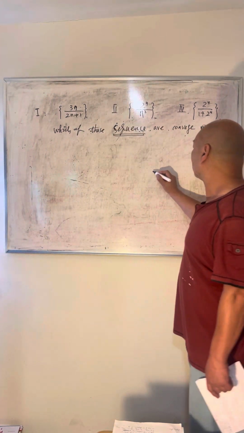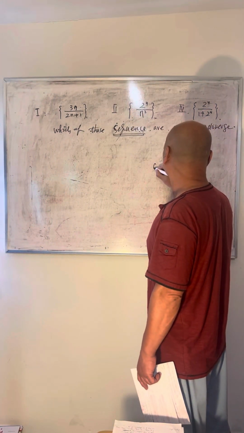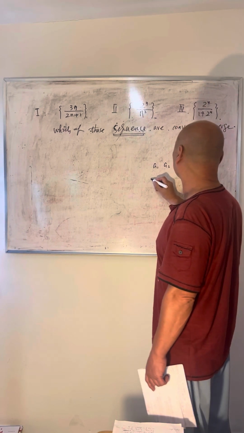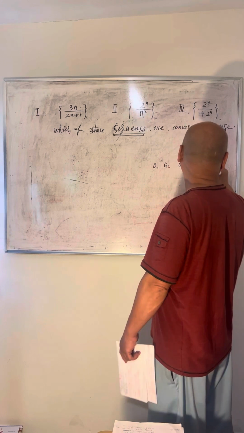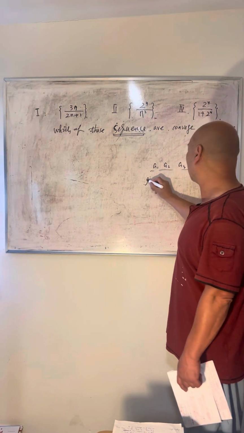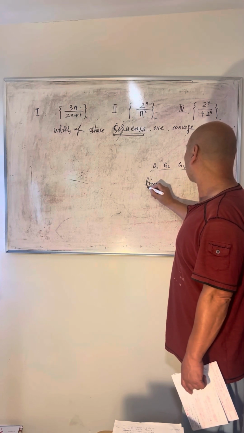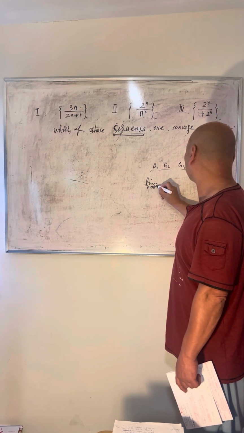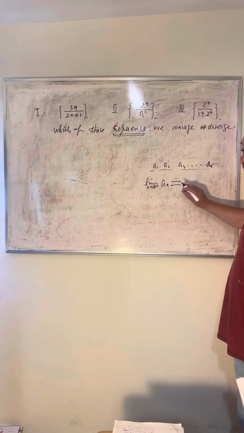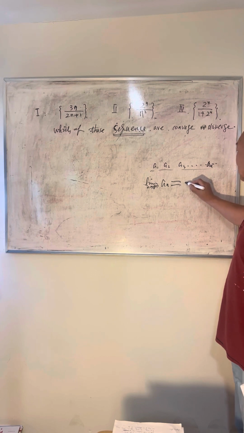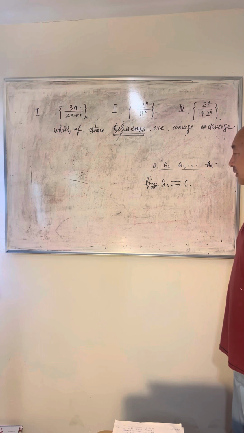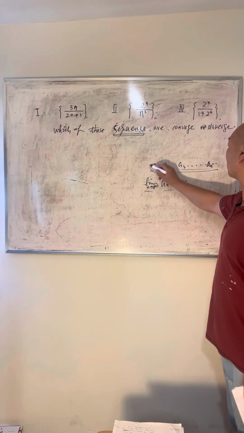The rule: take a sequence a1, a2, a3, up to an. To determine whether the sequence is convergent or divergent, we just need to find the limit. If this limit exists, say it equals some number L, then we say the sequence is convergent.